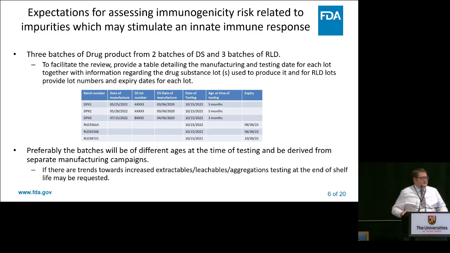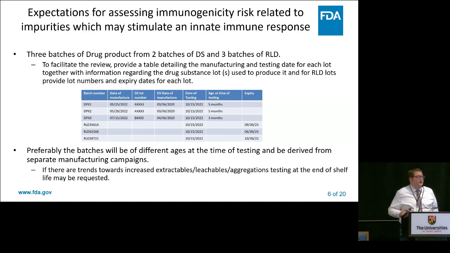So you've actually seen this as well, and it's good to see this being consistently represented. From our standpoint, when these tests are being performed, we would like to see data from 3 batches of drug product that have been made from 2 batches of drug substance, compared to 3 batches of the RLD.